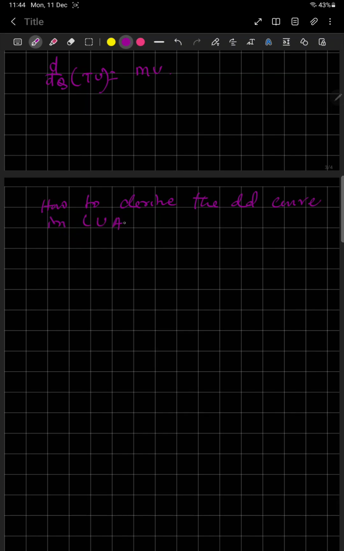Here we can derive the net utility. What is net utility?